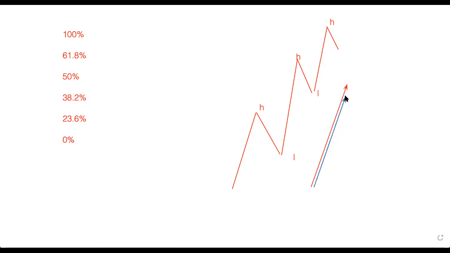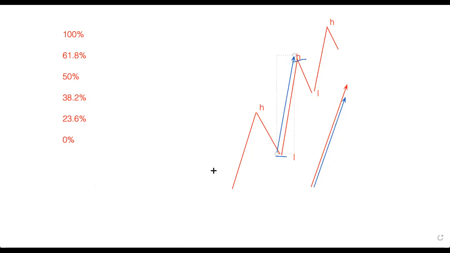What does this mean? This means that we have to spot a low first and a high. We have to spot a low and a high of that low, and we place our Fibonacci from the low going to the upside.